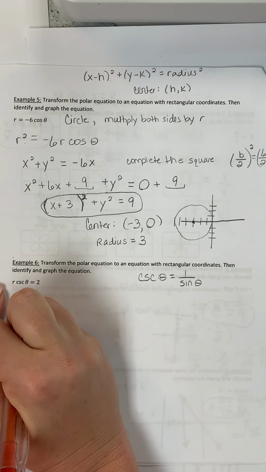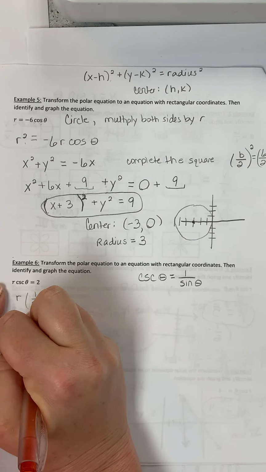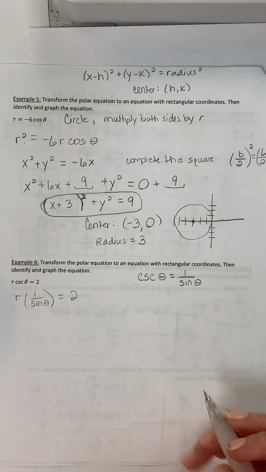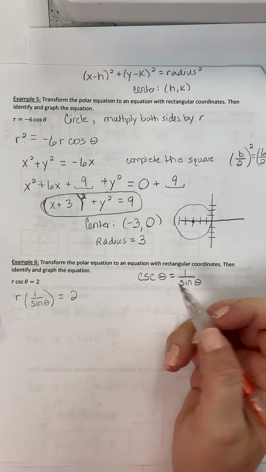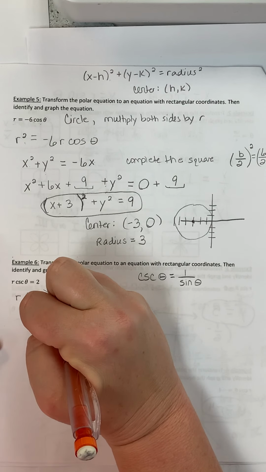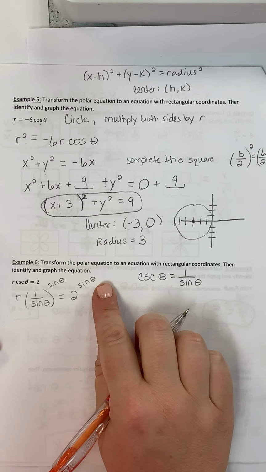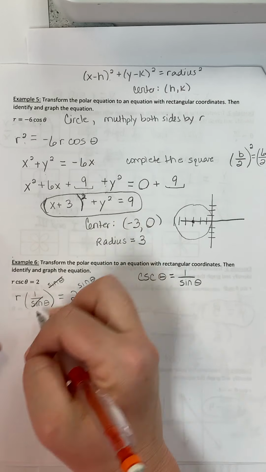So let's rewrite this. We're going to have r times 1 over sine theta equals 2. Now let's multiply both sides by sine theta, or you can just shoot that right over there, however you want to do it.